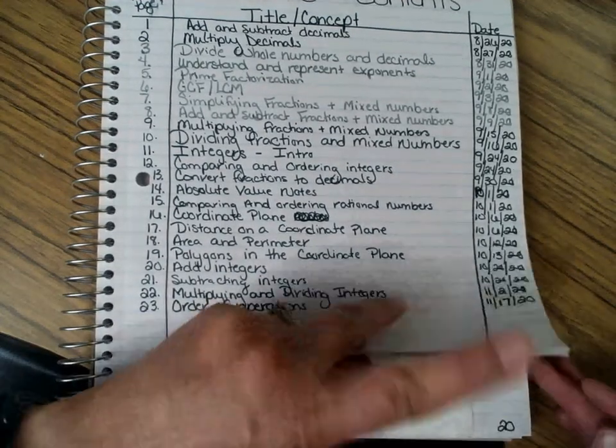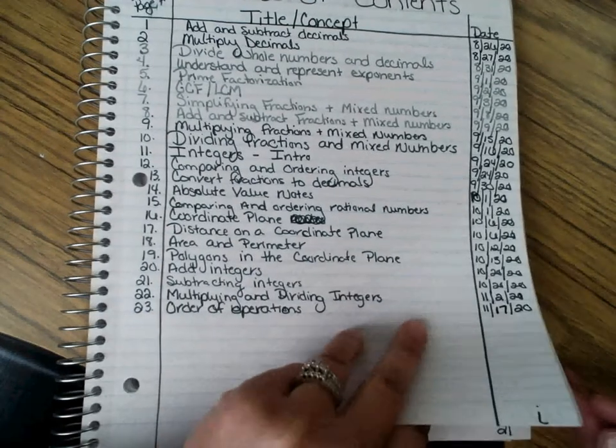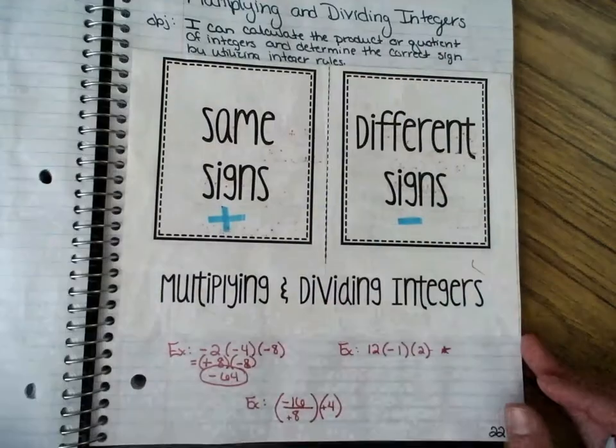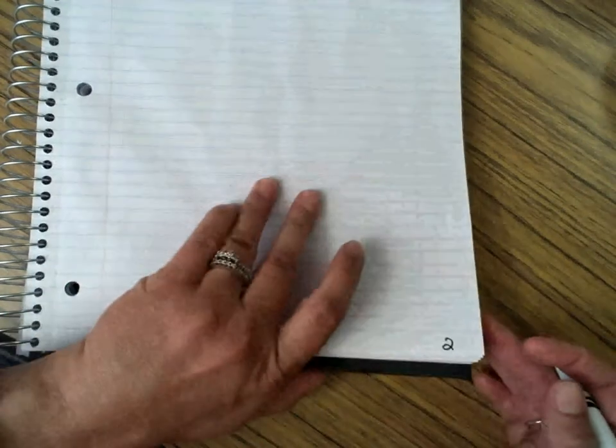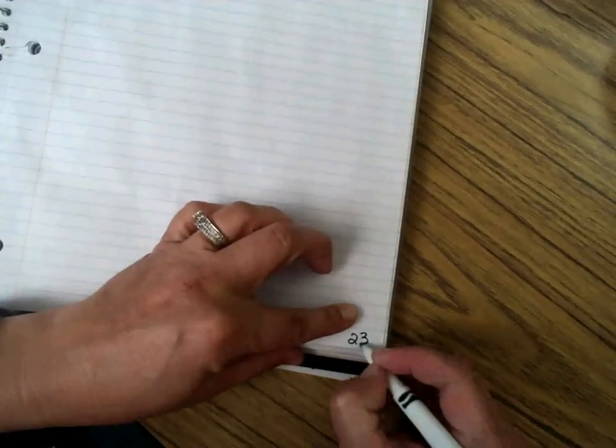So we're going to turn to the next available, right and left side page, right past multiplying and dividing integers, right hand side only. I'm going to flip my page over. So I don't forget, it was 23, right? See, I've already forgot. Turn that way. Yep, it's 23. Okay, page 23.